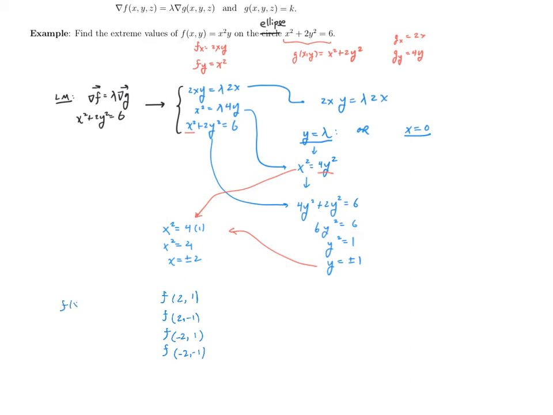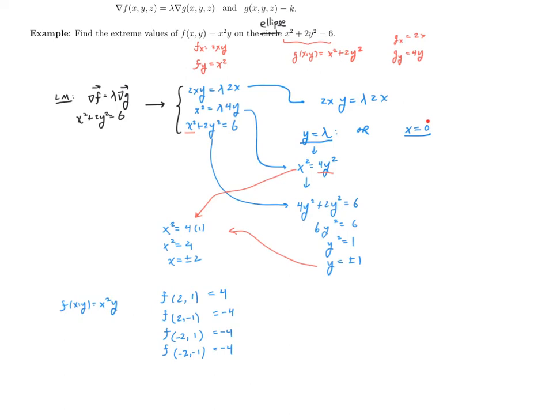In recalling our definition of f as x squared y, f of 2, 1 is 4, as is f of minus 2, 1, whereas f of 2, minus 1 and f of minus 2, minus 1 are both negative 4. And at this point, we cannot make any conclusions in terms of absolute maximums and minimums. What we have learned is when y is equal to lambda, which we got from this first equation, we progressed through to find these 4 potential absolute maximum, absolute minimum locations.